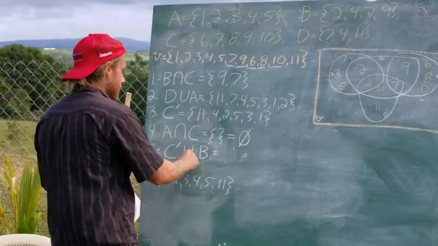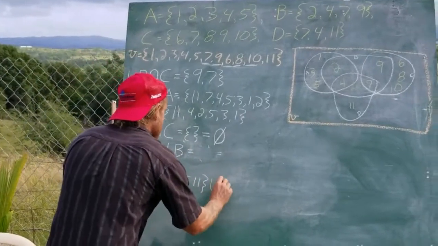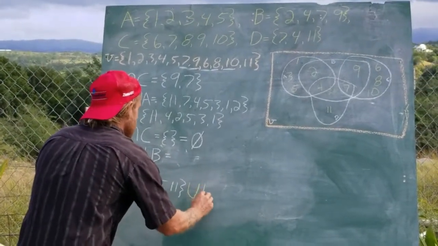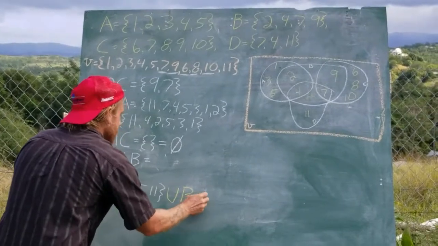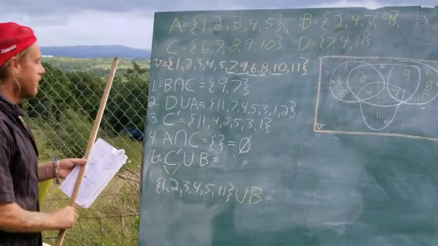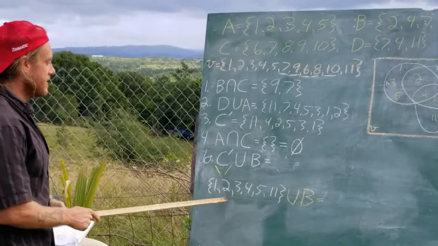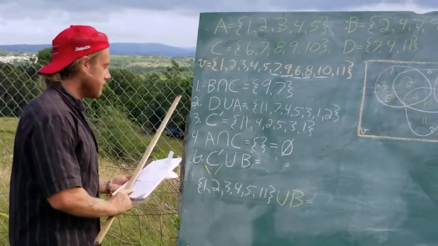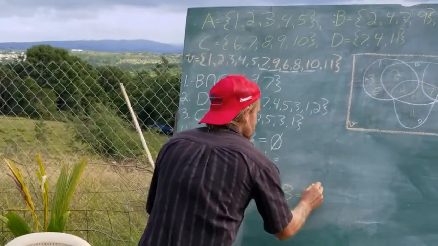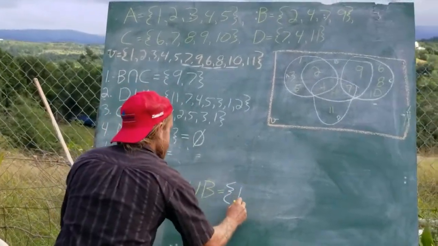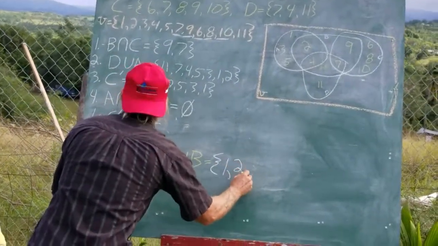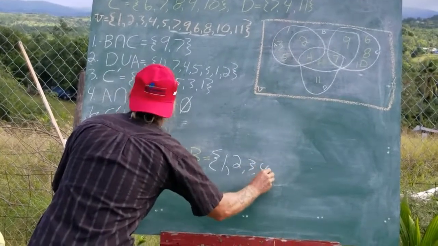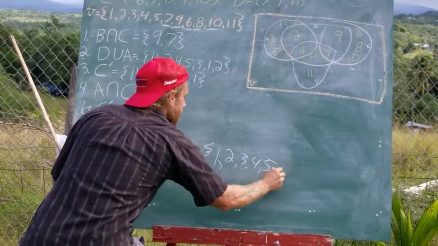We're going to take that set, the union with set B. So remember, the union consists of all the elements in set 1 in addition to the elements in set B. So we'll write the complement of C, the set we already explicitly listed, 1, 2, 3, 4, 5, 11.